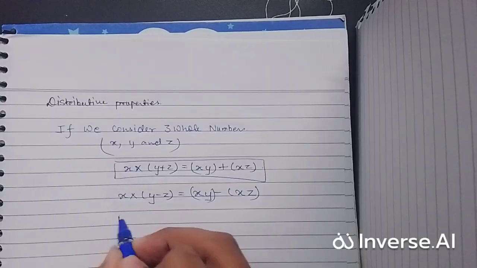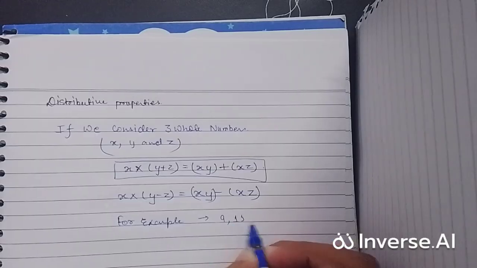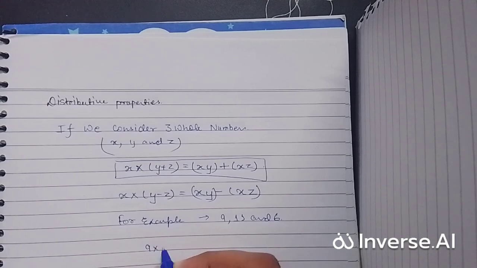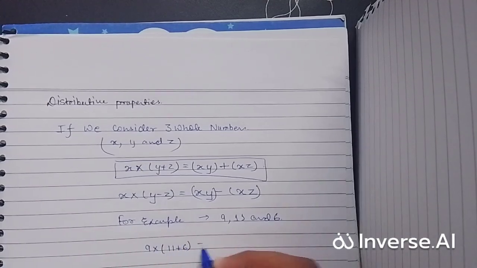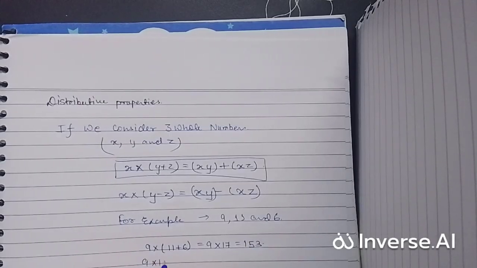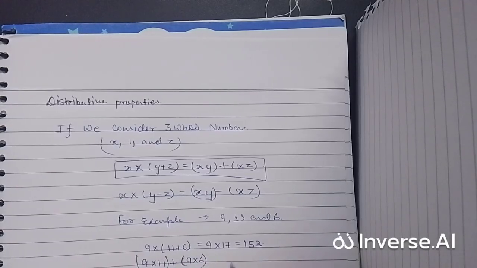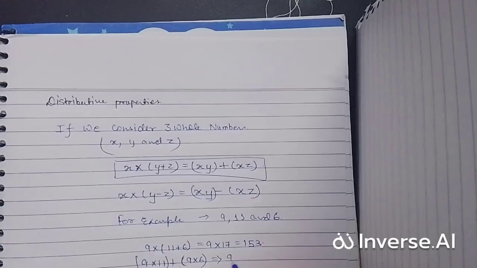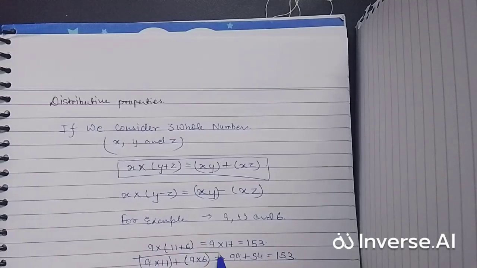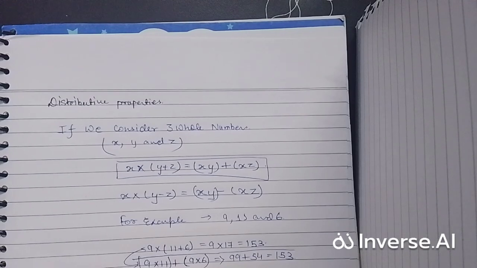For example, we will take three whole numbers like 9, 11 and 6. So 9 × (11 + 6) = 9 × 17, and the result will be 153. 9 × 11 + 9 × 6 is 99 + 54, and this will be 153. Both are the same, only the method differs.